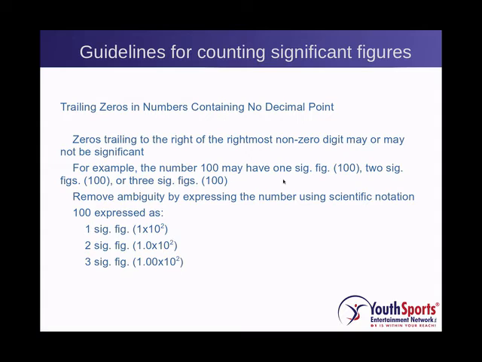If you're trying to say 100 where only the 1 is significant, you will write it as 1 times 10 to the 2. If 1 and the 0 are both significant, but the third digit is not, you would write it as 1.0 times 10 to the 2. If all 3 of these digits are significant, you would write it as 1.00 times 10 to the 2.